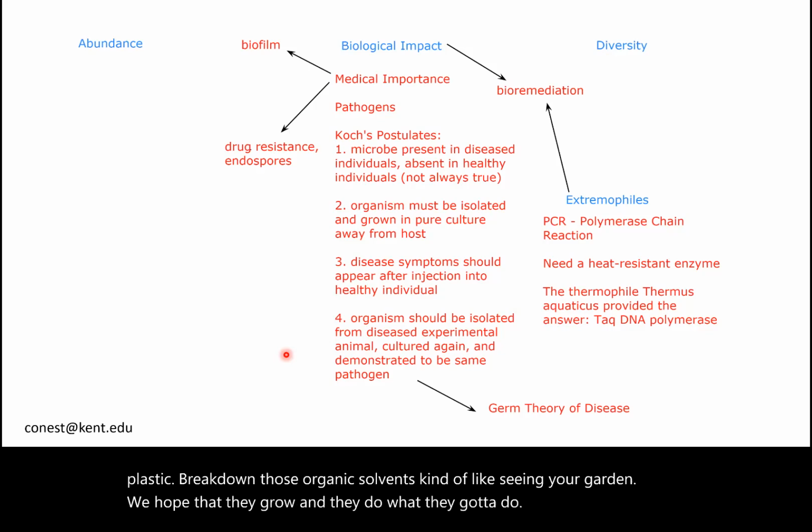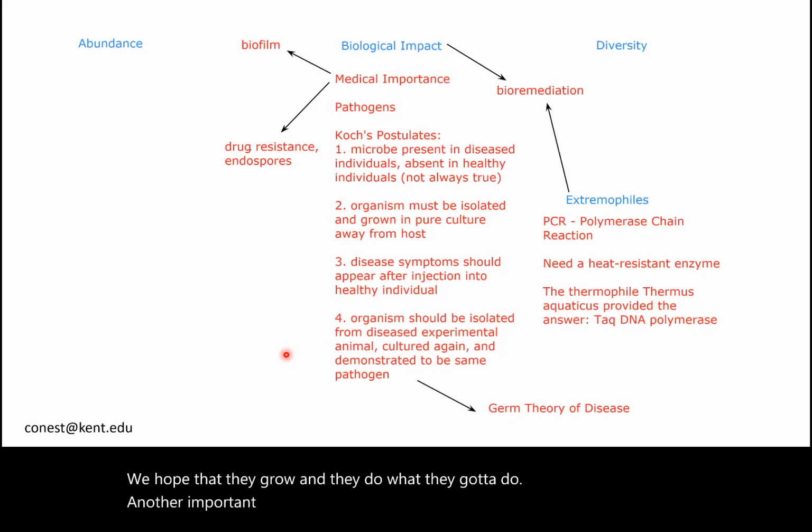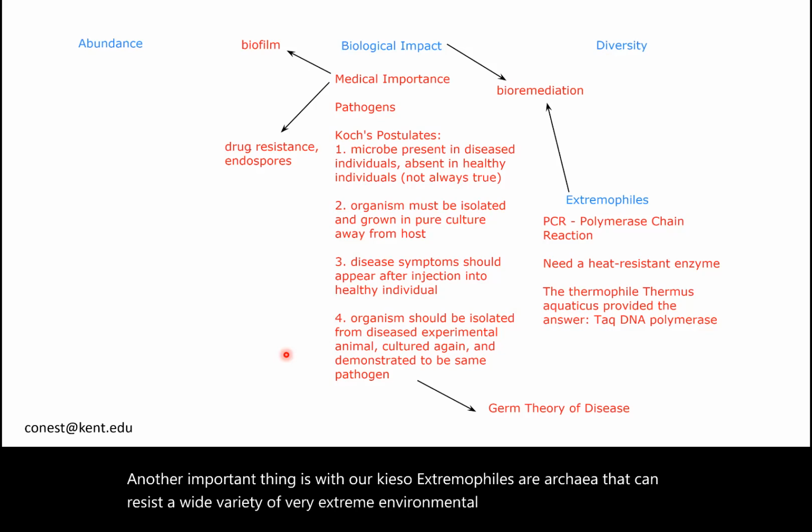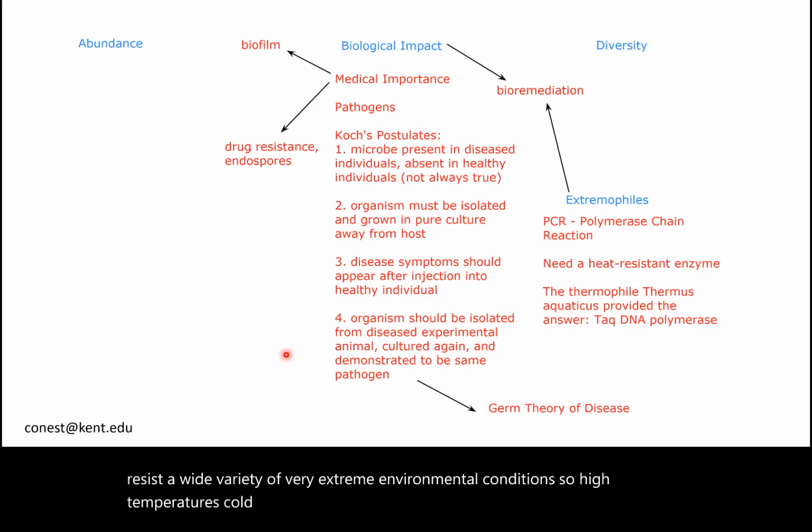Another important thing is with archaea. Extremophiles are archaea that can resist a wide variety of very extreme environmental conditions. So high temperatures, cold temperatures, high pH, low pH, high salt, things like that.